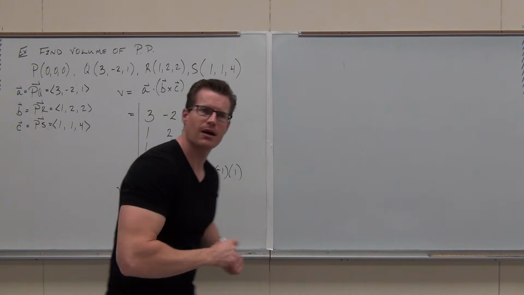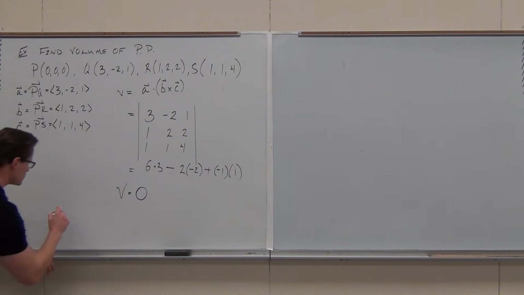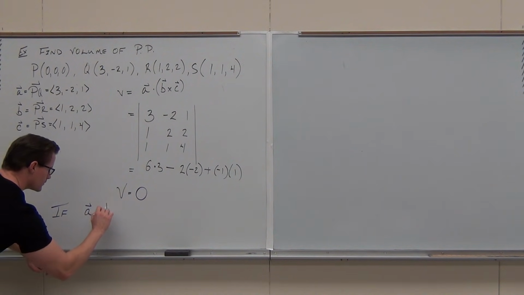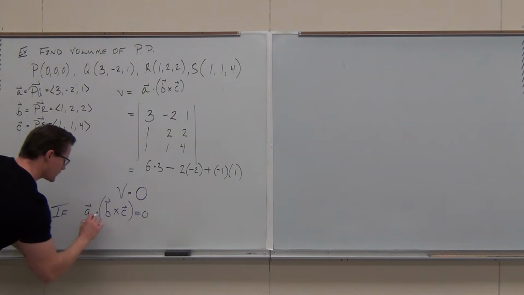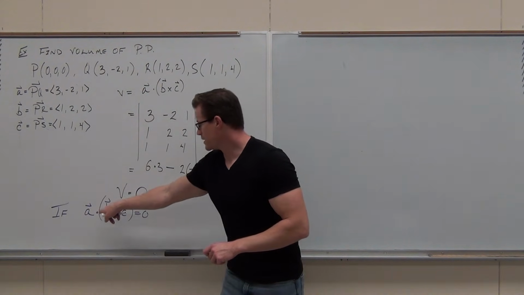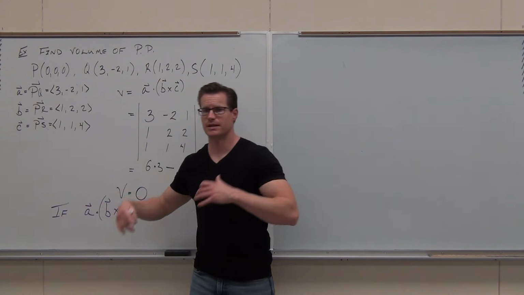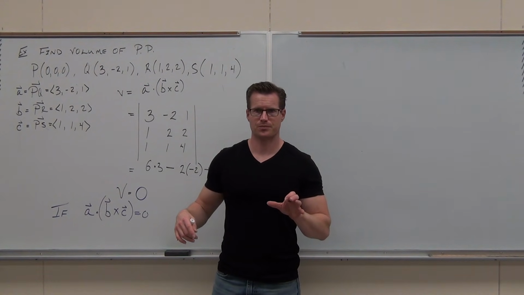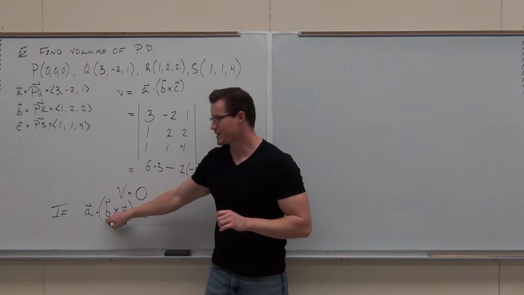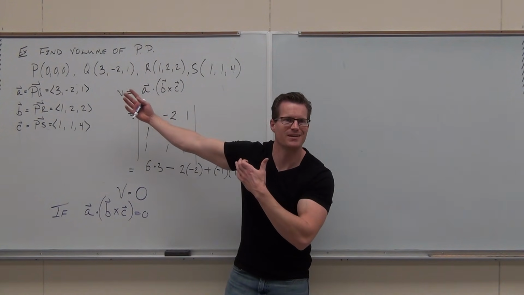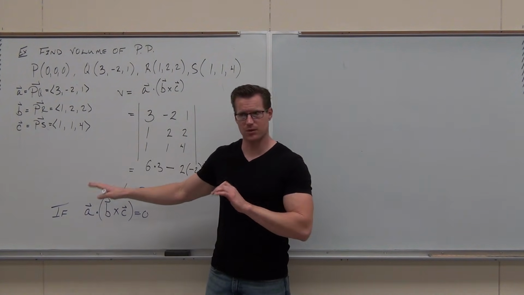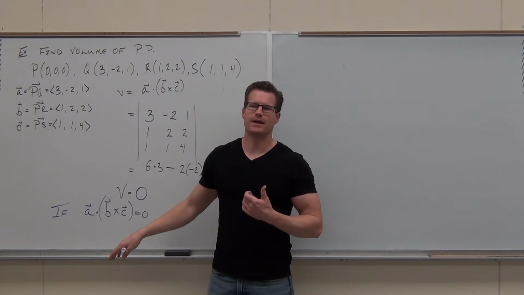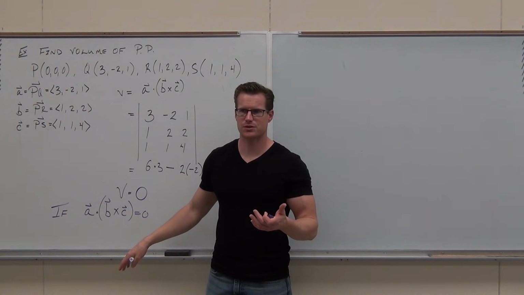So, if you ever have this situation where you have cross product, dot product, and it equals 0, here's what it tells you. It tells you that these 3 vectors, obviously they have the points, right, are coplanar. These vectors are, or all 4 points, either way, coplanar. In fact, that's how you test whether vectors are coplanar.